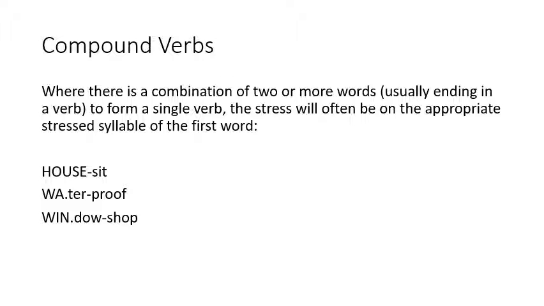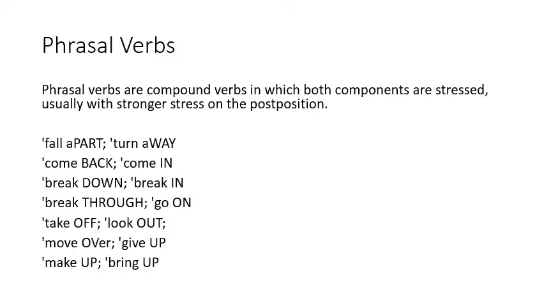The first one is house-sit, so the stress is on house. I have waterproof as a verb, with the stress on the first syllable of water. And I have window-shop, so on the first part, specifically on the syllable of window that takes the stress, the first syllable.